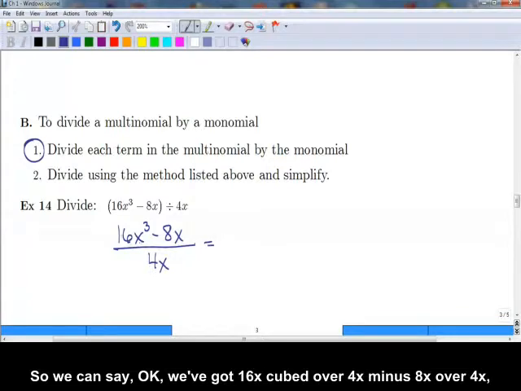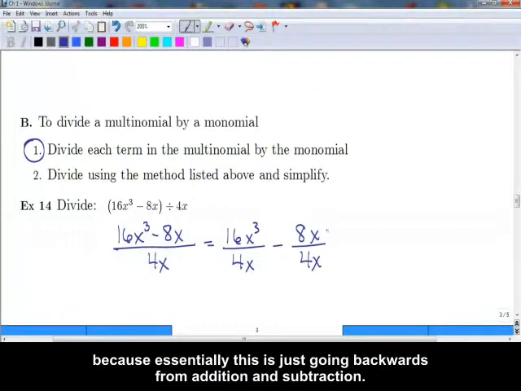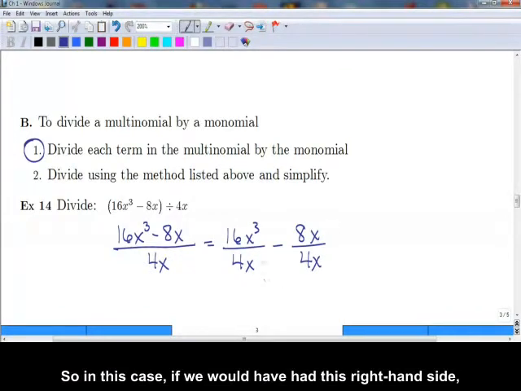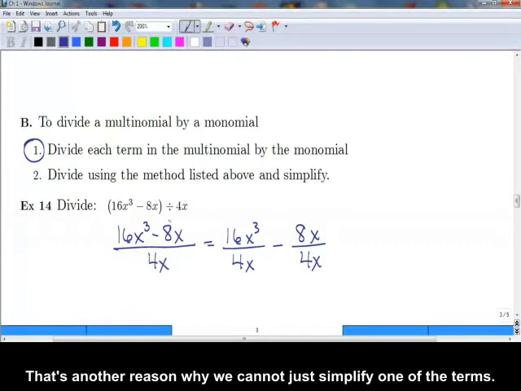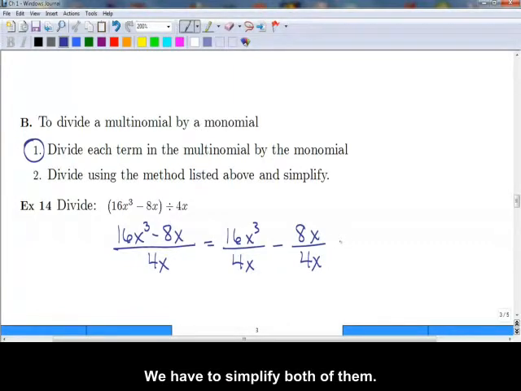So we can say, okay, we've got 16x cubed over 4x minus 8x over 4x, because essentially this is just going backwards from addition and subtraction. So if we would have had this right-hand side, we would have gone backwards since they have a common denominator and got our numerator. That's another reason why we cannot just simplify one of the terms. We have to simplify both of them.